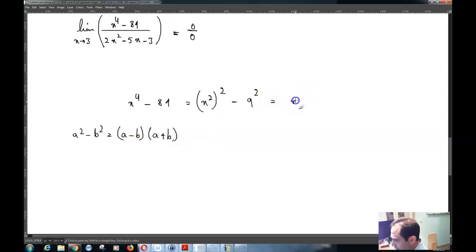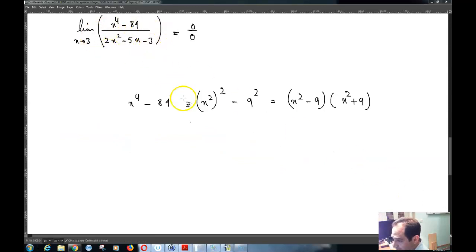So I can write it as x squared minus 9 times x squared plus 9. That is about this part.